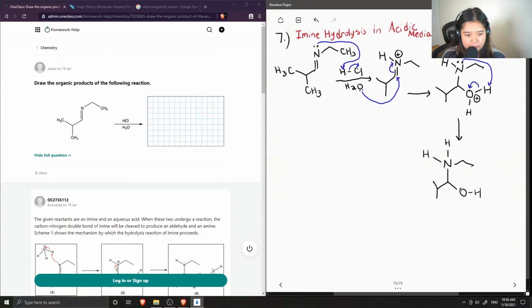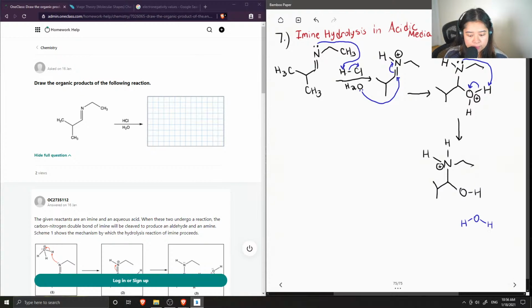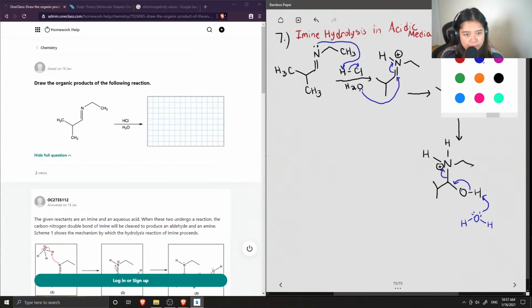And this part stays the same. This is positive. And what happens next is another water molecule comes in and takes one of the hydrogens from the alcohol group, forming a double bond here, and it kicks off this entire positively charged nitrogen group.